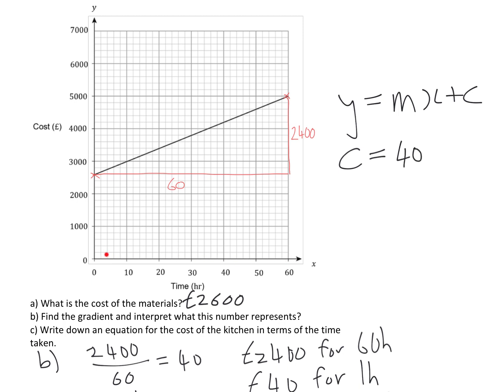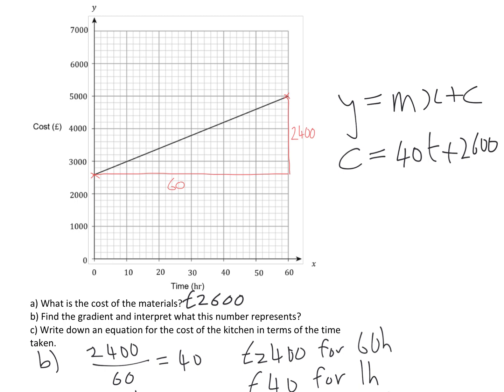X, along the x-axis we've got time, so when we have to write the cost in terms of the time taken, we'll use t for the number of hours. And then plus c. c is the y-intercept, which in this case was the initial cost of the materials, which is 2,600.